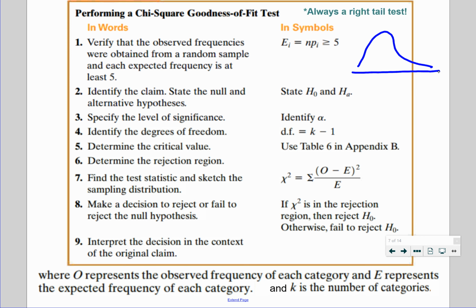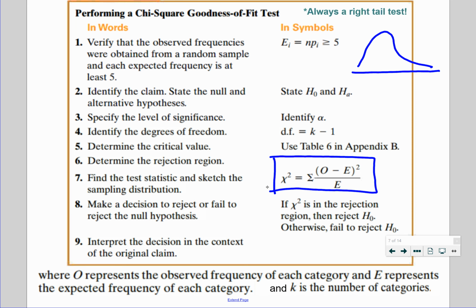Level of significance will likely be given to you. Degrees of freedom, instead of an N, it's a K here. Remember, K is going to represent the number of categories, but it's still 1 less than that. We're going to find a critical value from our chi-square chart. Then we're going to do the test statistics. So this is the formula that we're going to want to be using. And I told you there's going to be a lot of O's and E's.